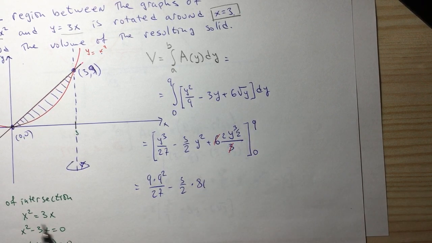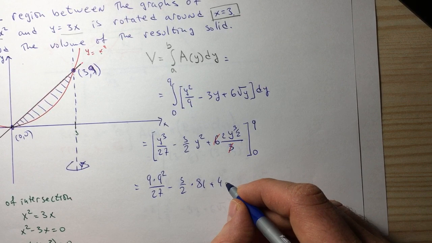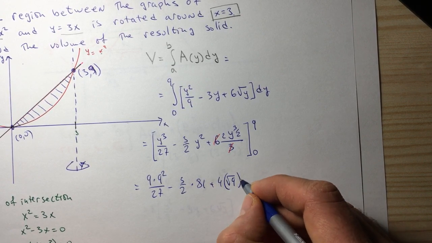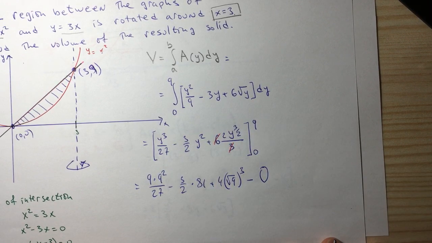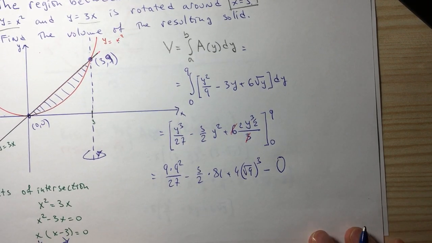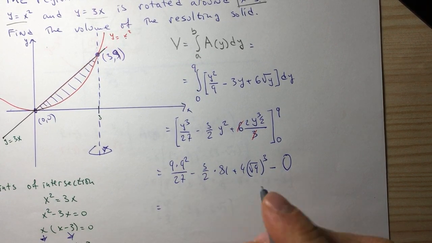This cancels here, and you have plus 4 times square root of 9 to the power of 3 minus 0 if you plug in 0 at this antiderivative. And then I don't know how much you get here.